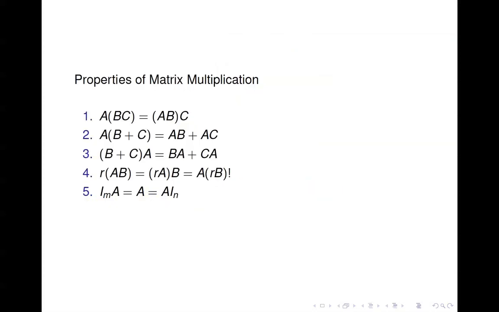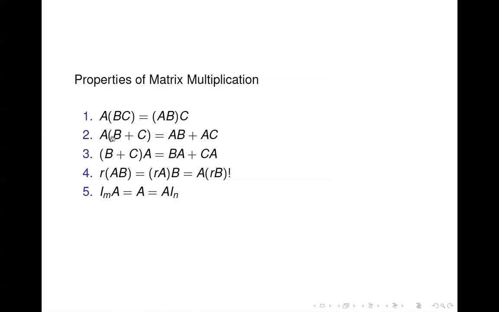Okay, some properties of matrix multiplication. You have the associative property, so you can move the parentheses around, but notice that the order that the matrices appear is unchanged. Okay, so we can't change the order that the matrices appear. We can change the order in which we do the multiplication.